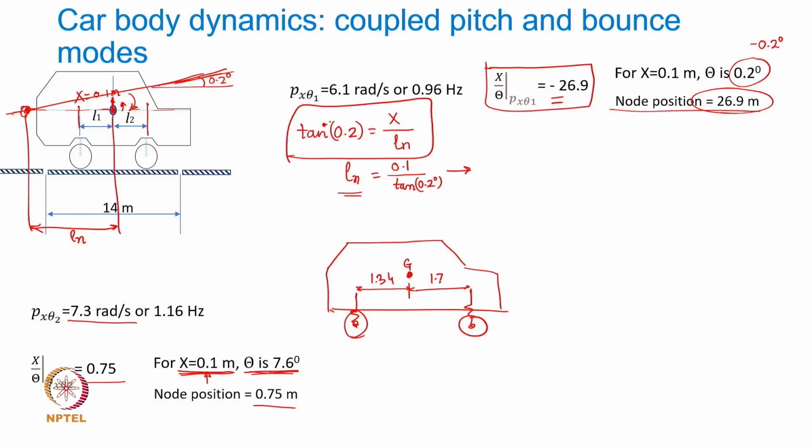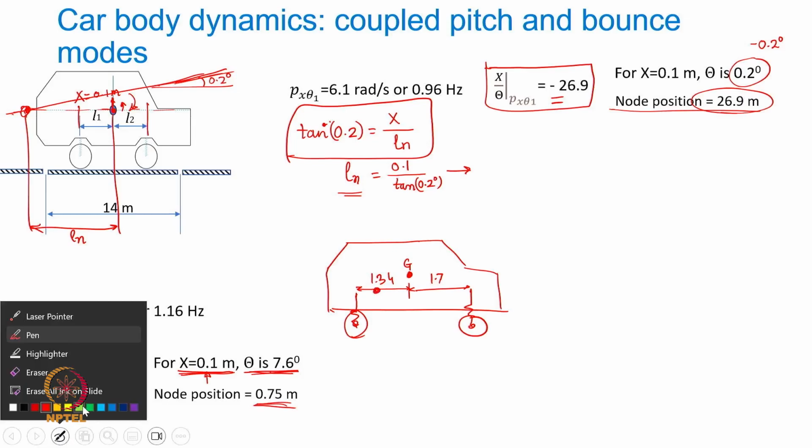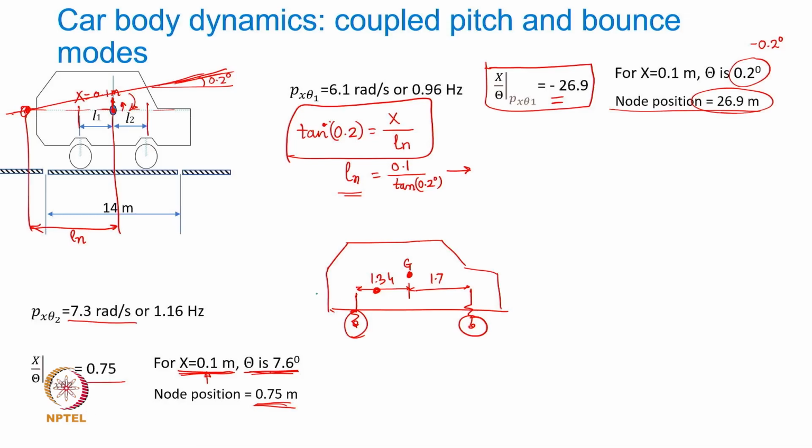Okay. Now the node position from the CG is 0.75, which means that this is going to be the point about which the body is going to oscillate. So when it moves or when it pitches, this is how it is going to pitch.